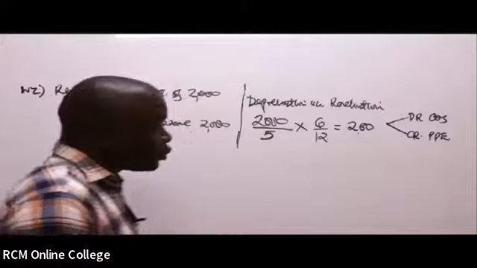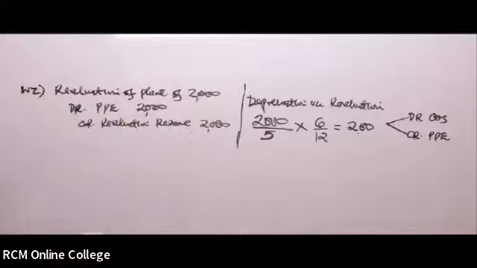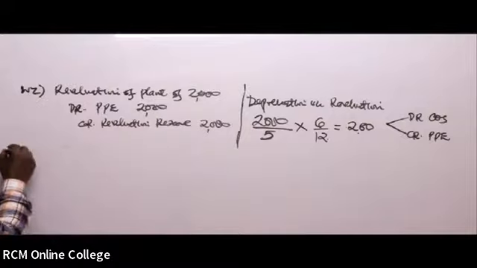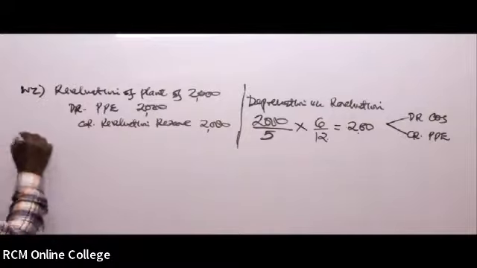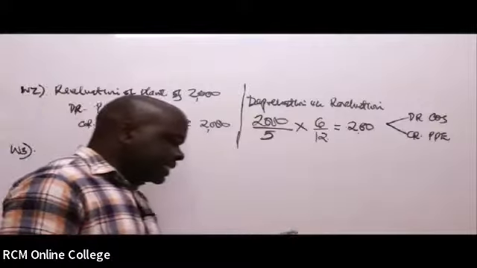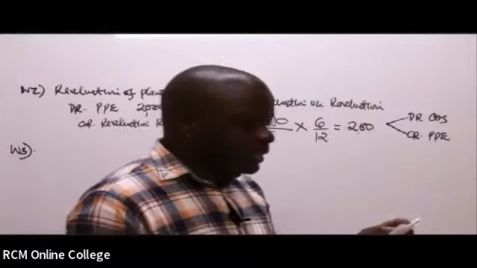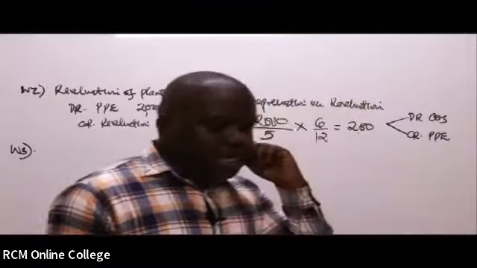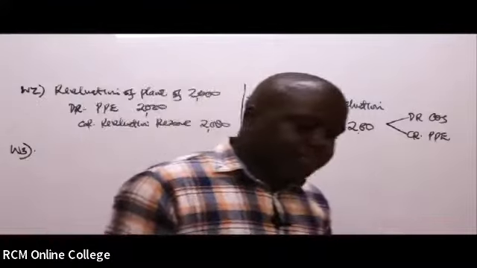So we go to note number 3, working number 3. They're saying sales from S Limited to Patterson Limited in the post-acquisition period amounted to 8 million.